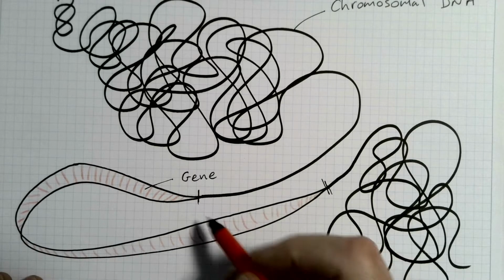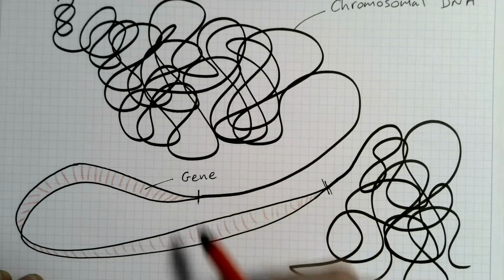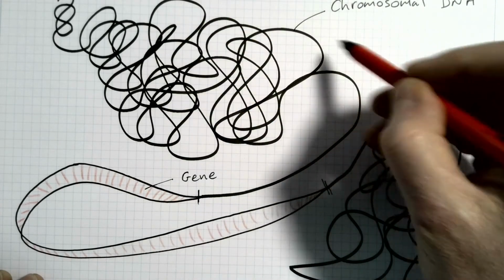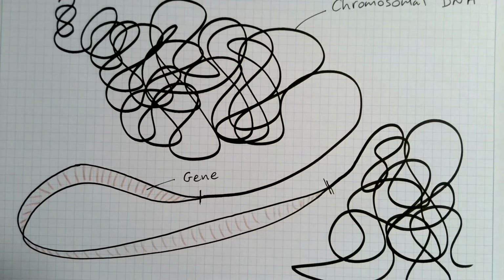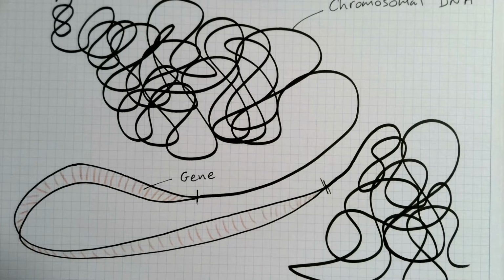All right. So that section of DNA that codes for a protein is called a gene. The chromosome itself is a huge long strand of DNA, most of which doesn't code for proteins. So we have to remember that genes are just small bits of DNA, and the whole chromosome is not made up of genes. It's made up of DNA, of which small parts are genes.